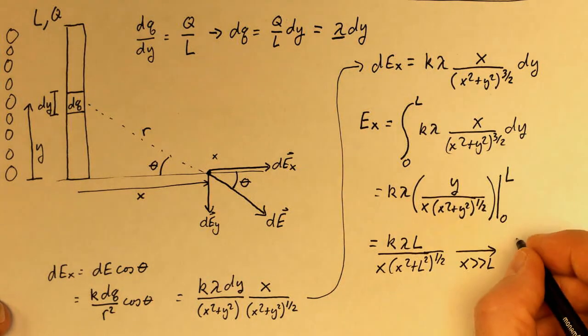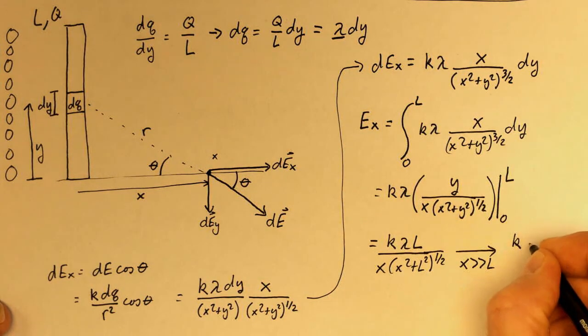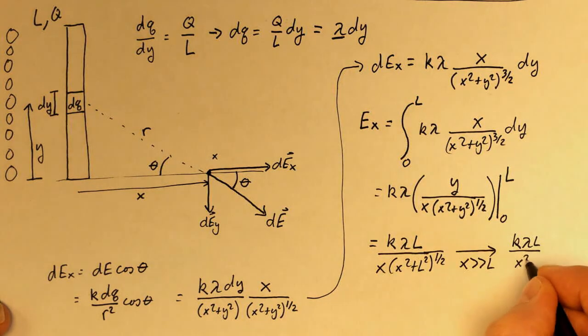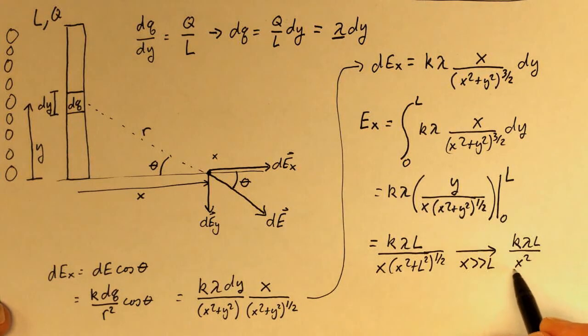So in doing so, I end up with k lambda L. Now I have x squared, square rooted, times x, which gives me x squared. That may not look special, except I do recognize that I get that characteristic 1 over distance squared that I need to have.